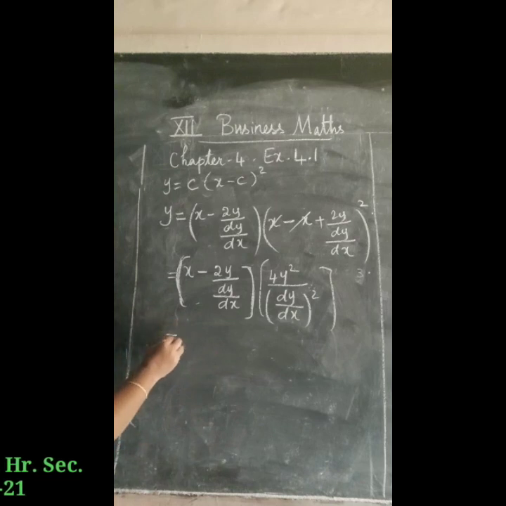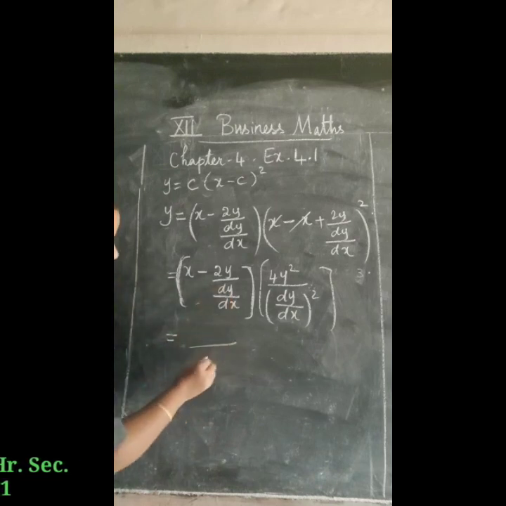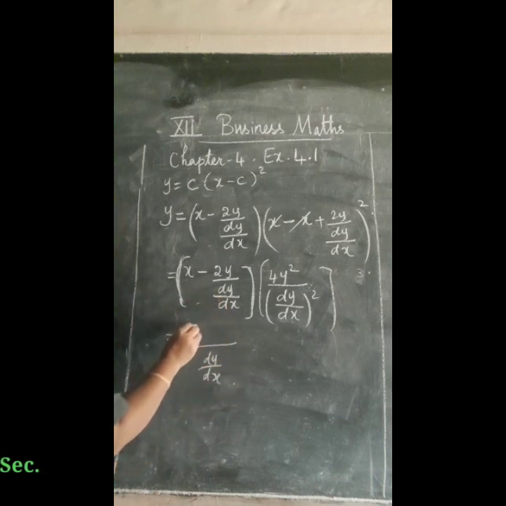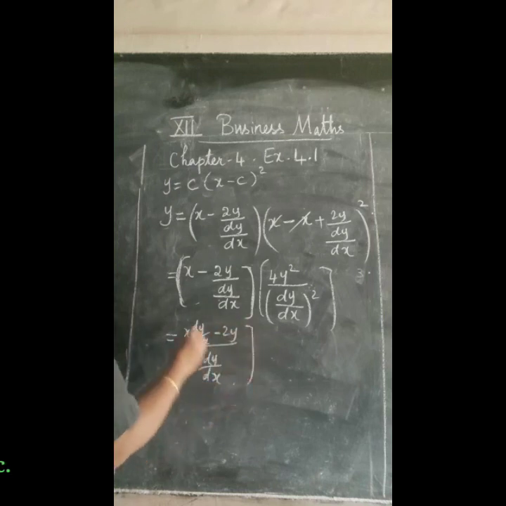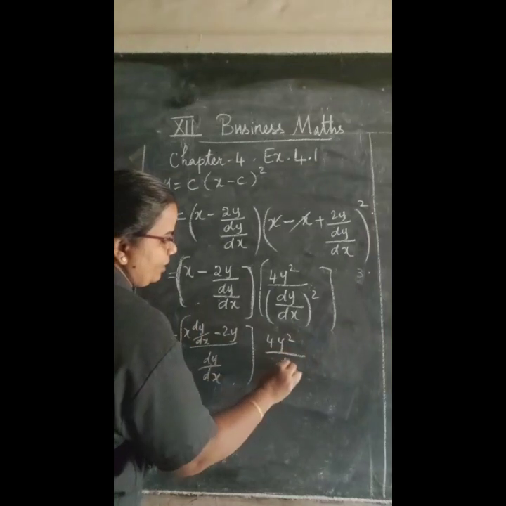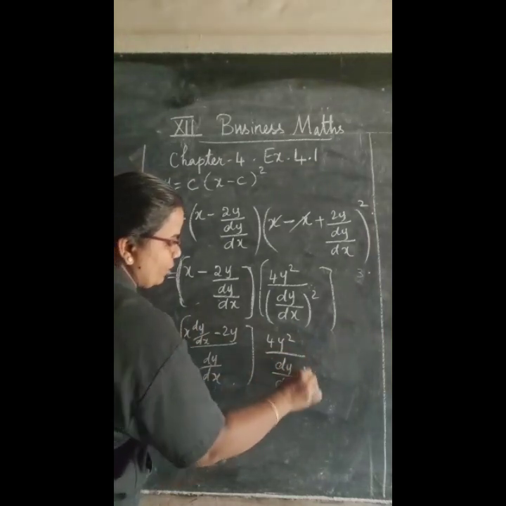Next, we have to take the LCM of this. dy by dx is the LCM. So cross multiply: x into dy by dx minus 2y, into 4y squared divided by dy by dx the whole squared.